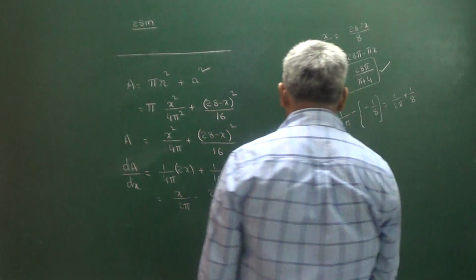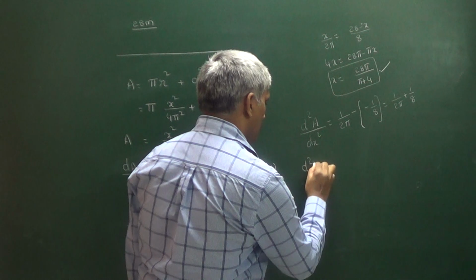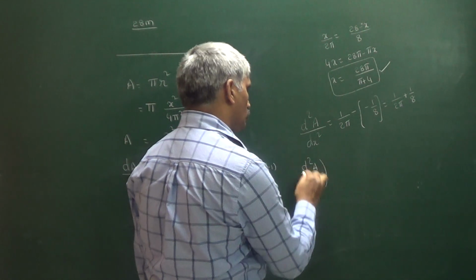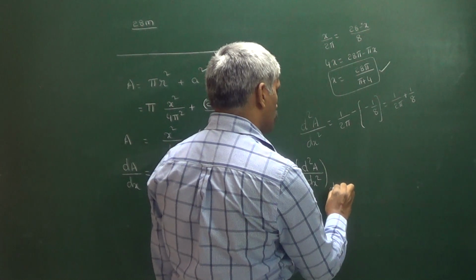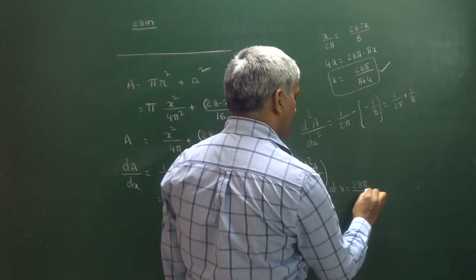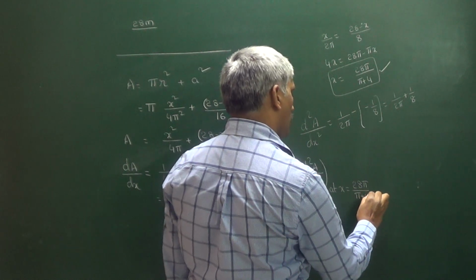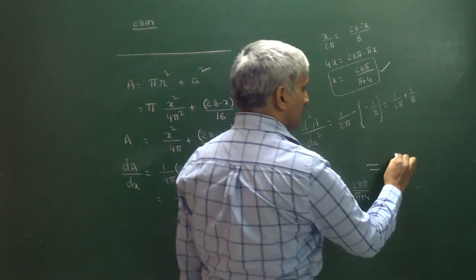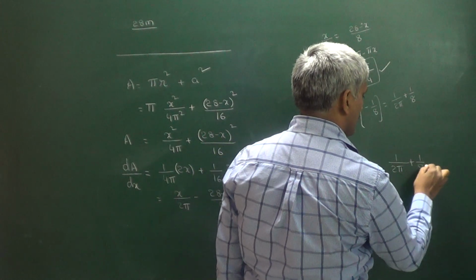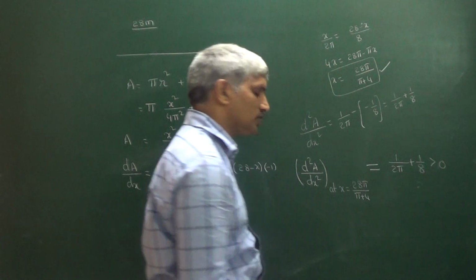Now we have to find out d square A by dx square, the second derivative, at x equal to 28 pi divided by (pi plus 4). Also you will get the same, only 1 by 2 pi plus 1 by 8. So we can say, no doubt, this is greater than 0.